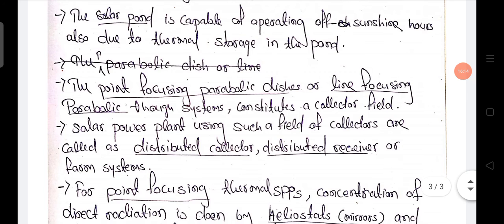The solar power plant using such a field of collectors is called a distributed collector or distributed receiver or farm system.